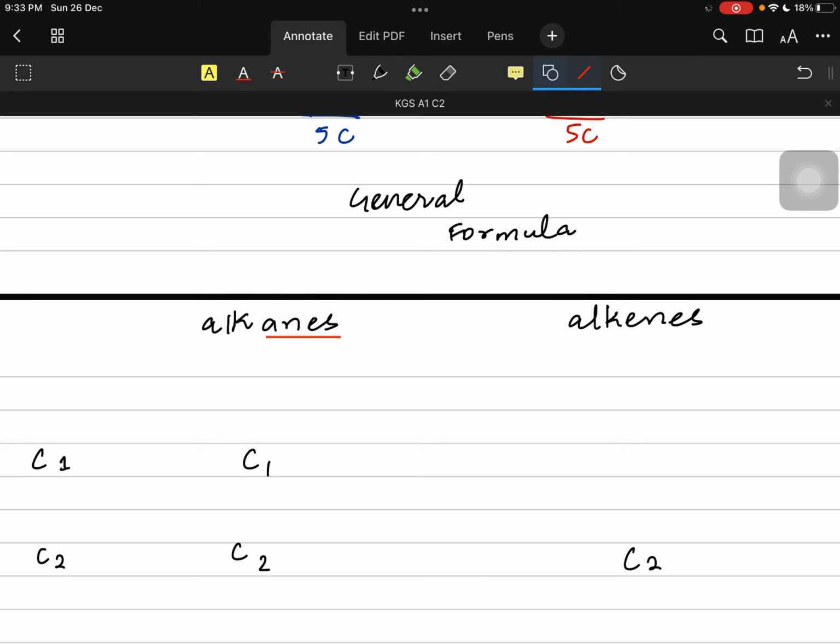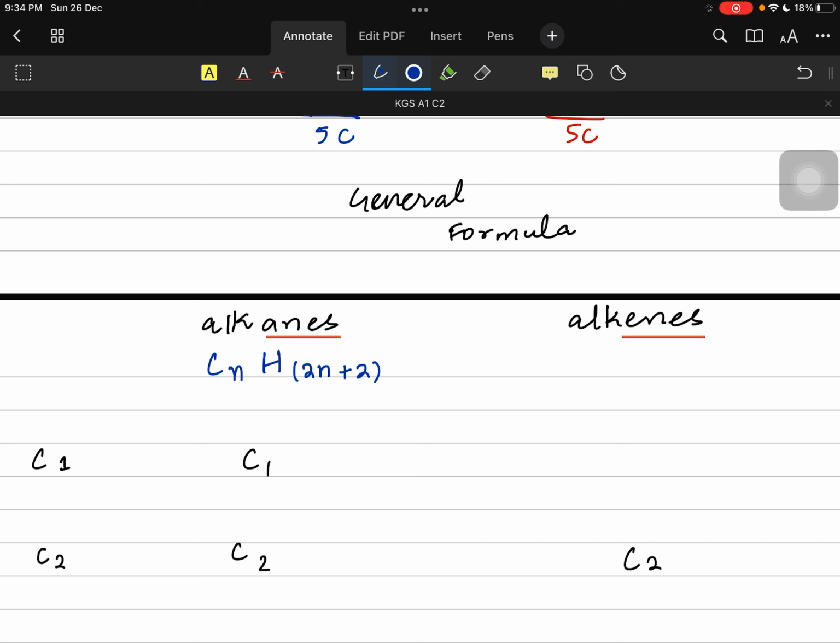Alkanes have a general formula where the number of carbon is n, and the number of hydrogen will be 2n plus 2. So if the number of carbon is n, the hydrogen would be twice the number plus extra 2.